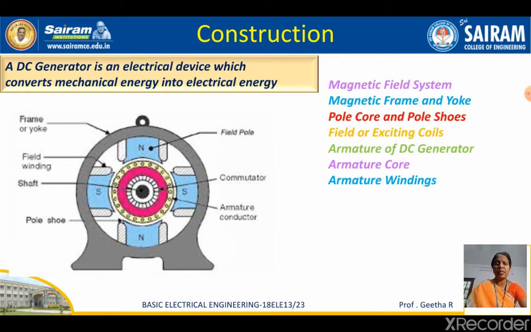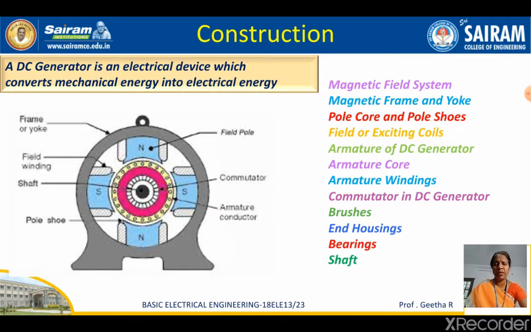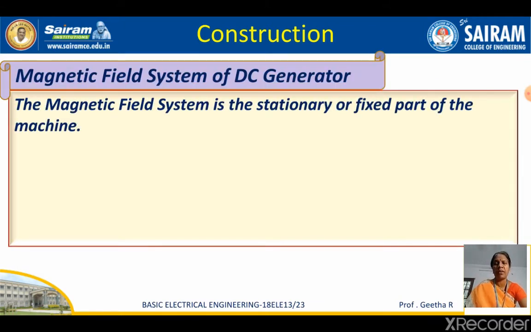Under the armature, you also have one important component in the DC generator, which is the commutator, then brushes, end housing, bearings, and shaft. All these things you are going to see one by one.